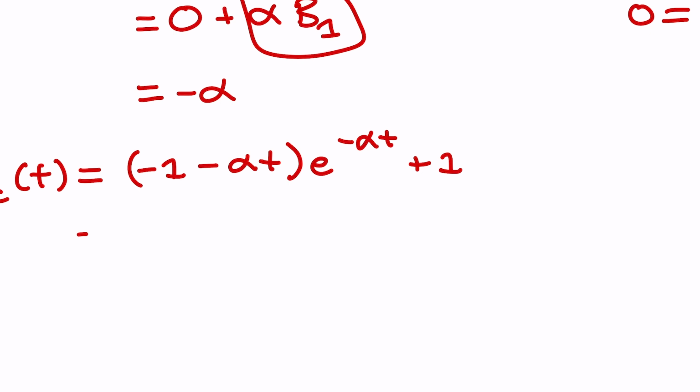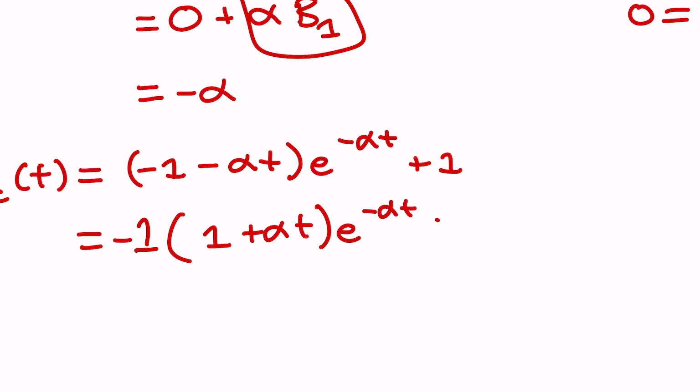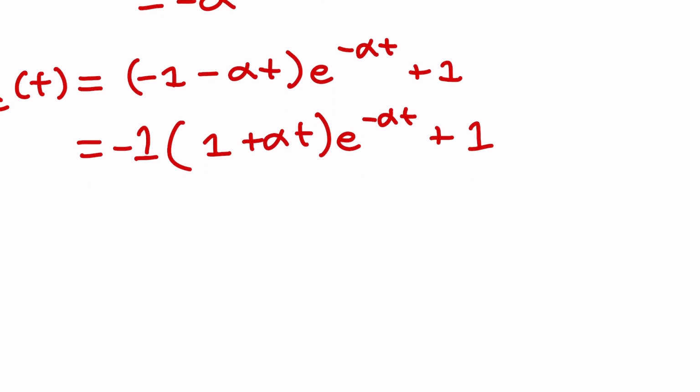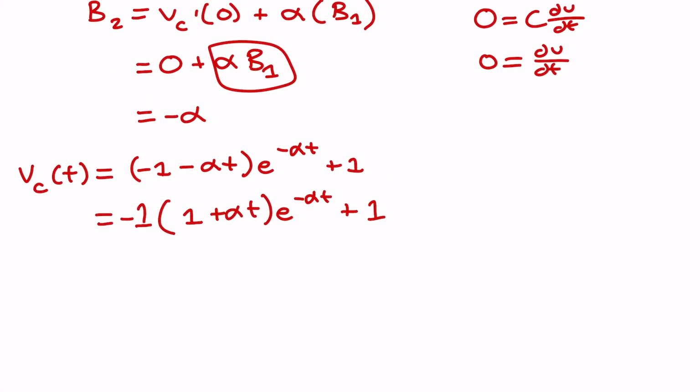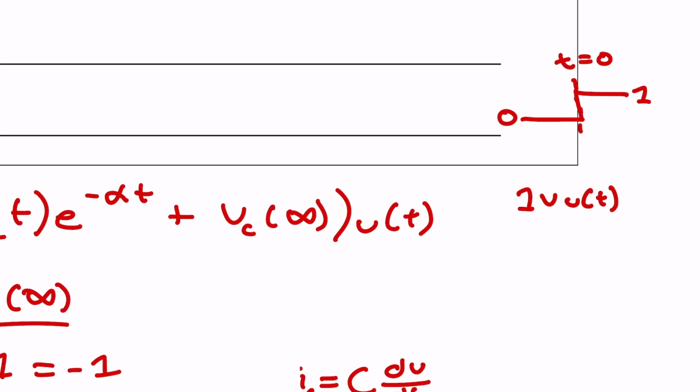We can even pull a common factor out of here. We can pull a -1 out of here, right? And we can say 1 plus alpha t, and then same thing, plus 1, right? Now, what do we do from here? Well, here's the thing. We have our equation for this unit step function, right?